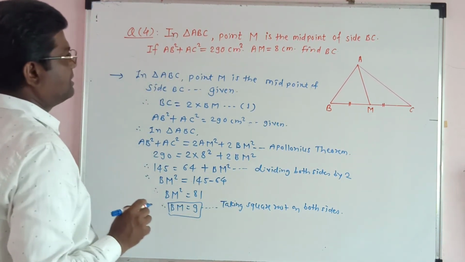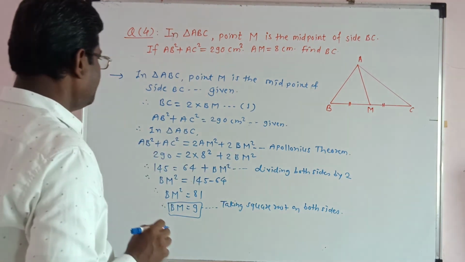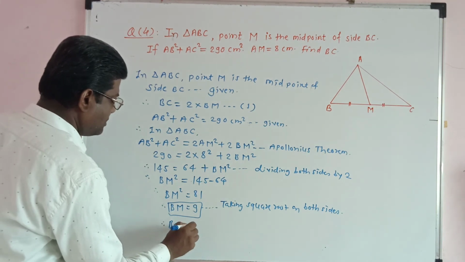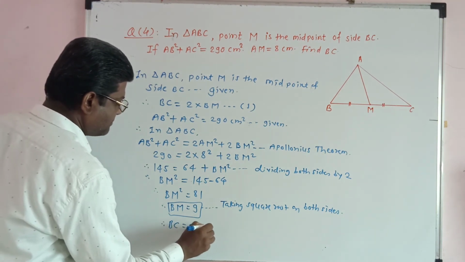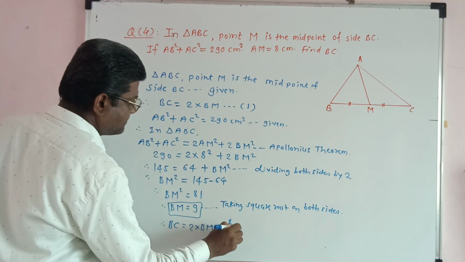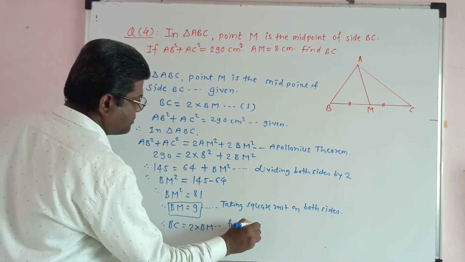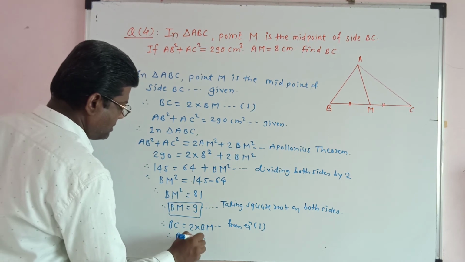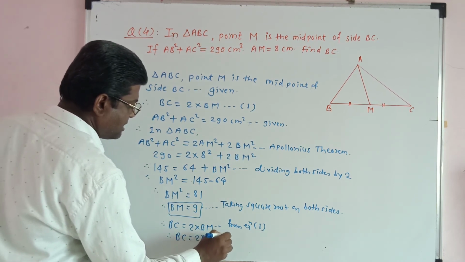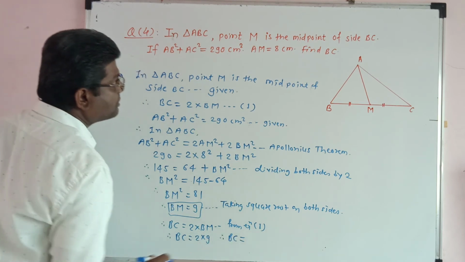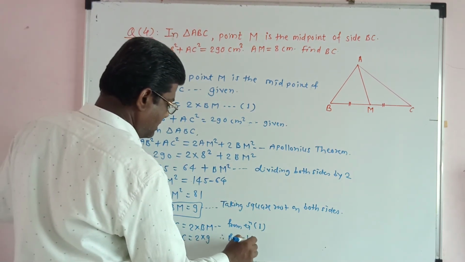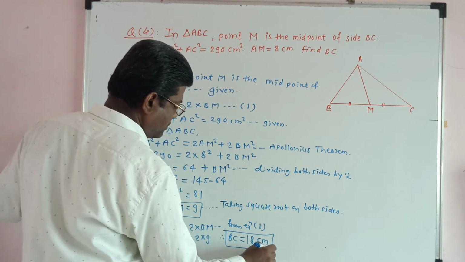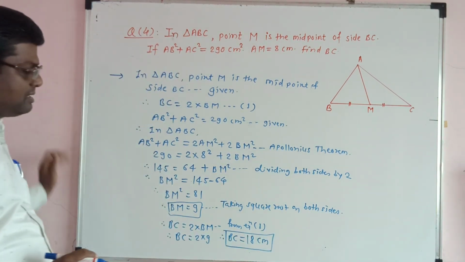We have to find BC. BC is equal to 2 into BM. This is from equation 1. Therefore BC is equal to 2 into 9. Therefore BC is equal to 18 centimeter.